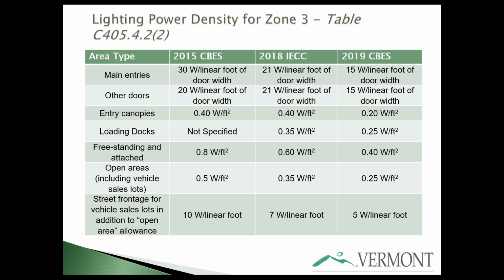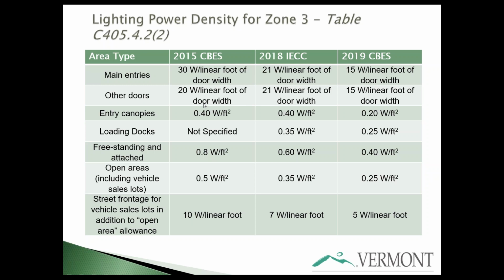Maybe we'll focus on the main entries and other doors. It used to be 30 watts per linear foot in the current code, and 20 watts per linear foot on a non-main entry. Now all door entries are 15 watts per linear foot.